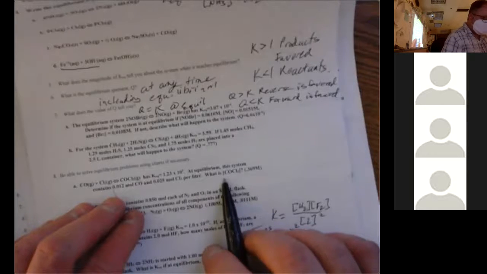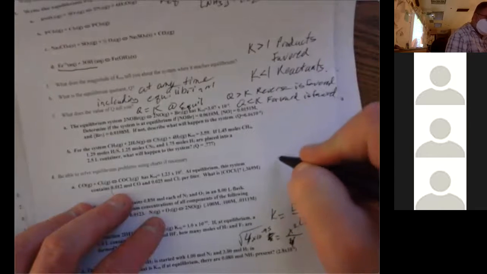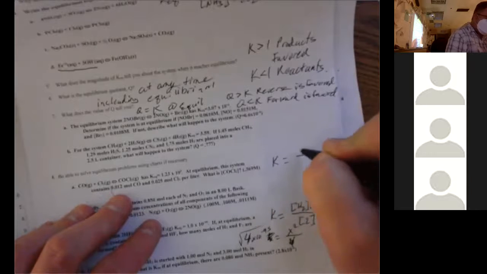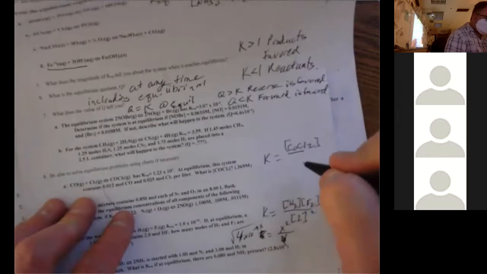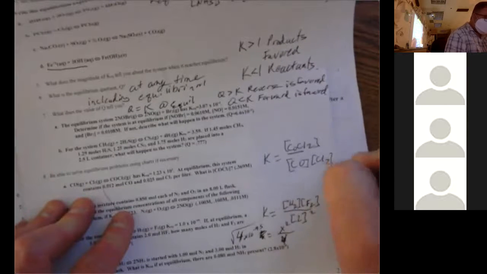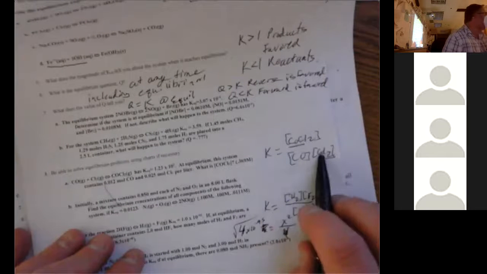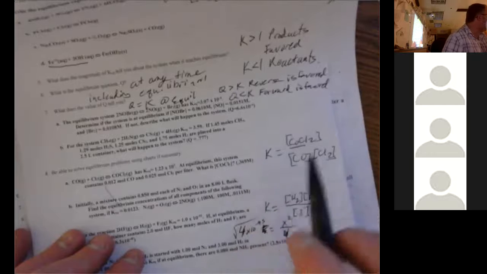So if we take a look, I'll set it up. K equals COCl2 over CO and Cl2. So if there was a 2 up here, you would multiply K by both of these and then square root both sides, and that would give you the concentration.